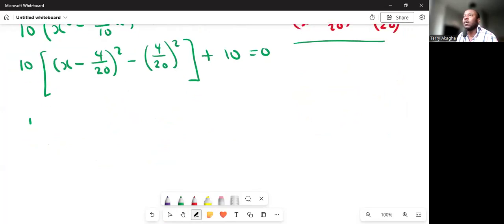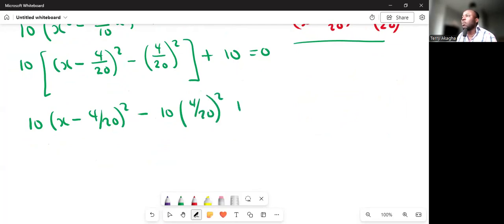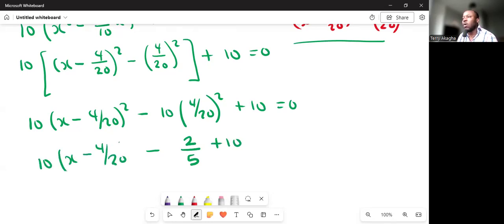So it's going to give us 10 into bracket x minus 4 over 20 all squared minus 10 into bracket 4 over 20 squared plus 10 equal to 0. Now, when you press this in your calculator, it's going to give you minus 2 over 5 plus 10, all 10 x minus 4 over 20 all squared equal to 0.